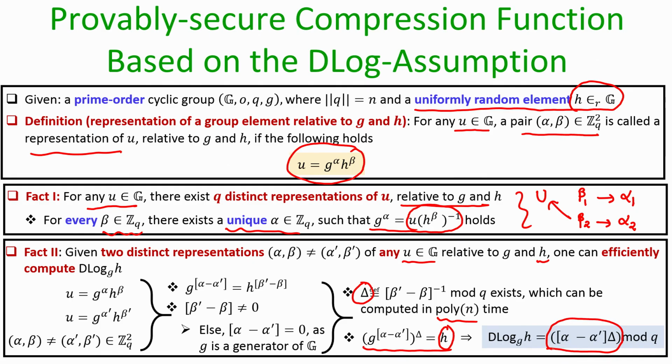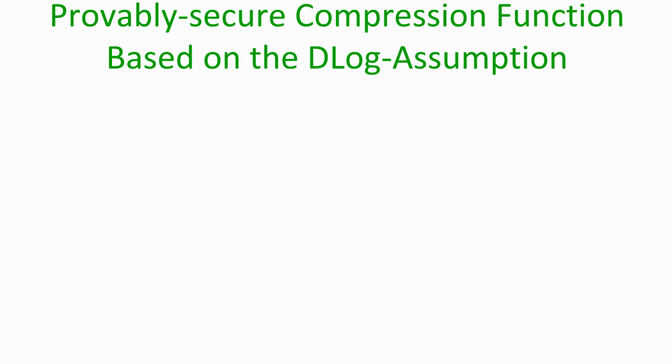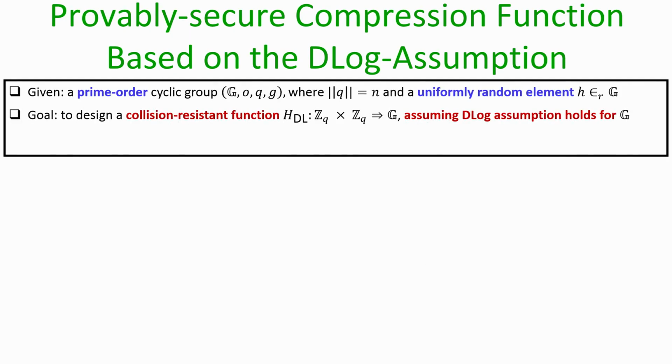So, if someone can give you two distinct representations for any element u from the group G, then using the pairs (alpha, beta) and (alpha dash, beta dash), we can compute the discrete log of h to the base g as well, and that forms the basis of constructing our compression function that we are interested in.